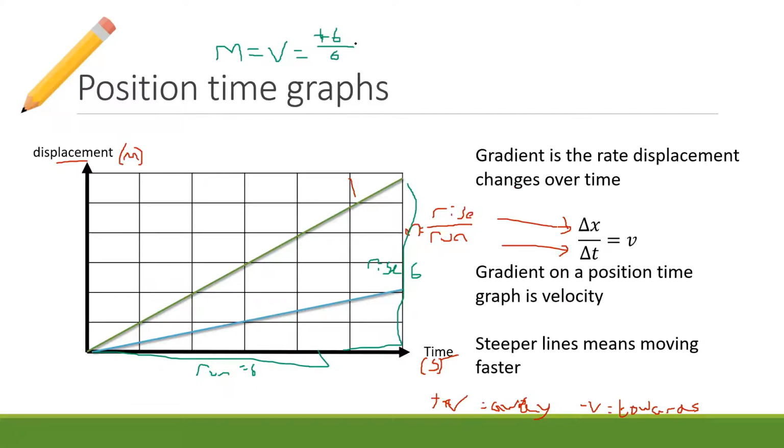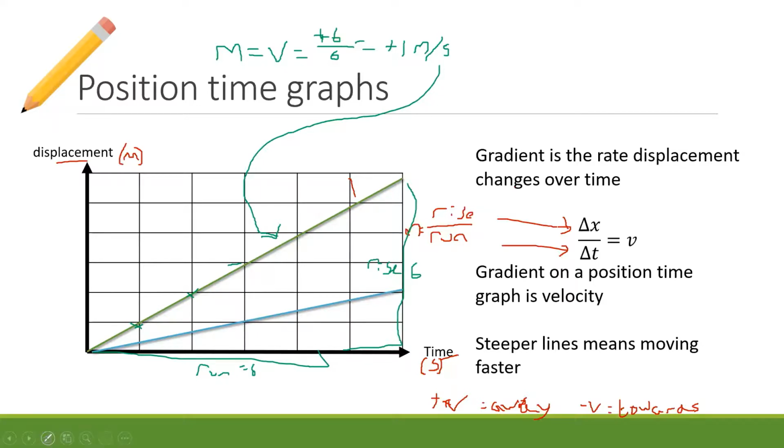So that actually makes it positive 1 meter per second. And that gives me a velocity because I put a sign here, positive 1. So that's the speed that this is moving at, 1 meter per second. You can see that after 1 second it's a 1, after 2 seconds it's a 2, after 3 seconds it's a 3, and so on and so forth.